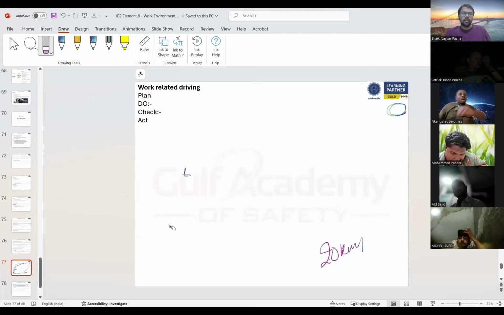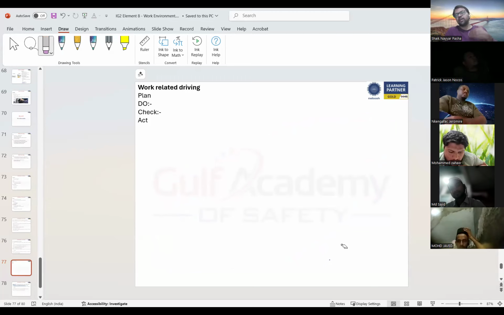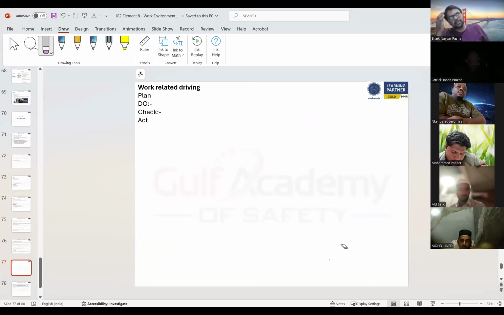That is one thing. And particularly when the drivers are traveling outside the city or interstate transport, then the weather forecast should also be checked. If you are aware about India, particularly in Telangana and Andhra Pradesh, there are heavy rains. So if somebody is traveling from Hyderabad to some other state such as Chennai or to the northern parts, the climate changes.